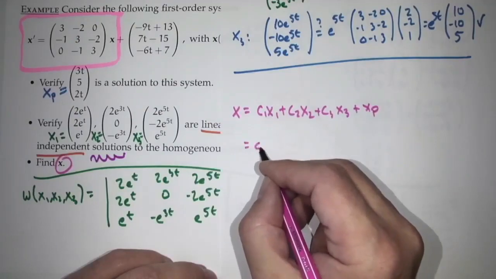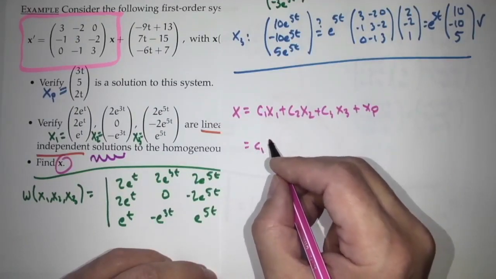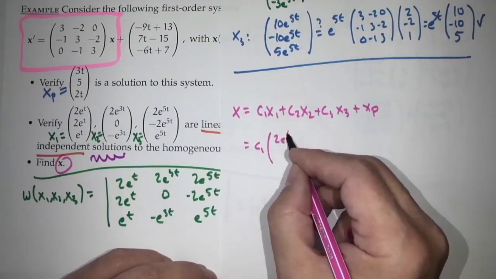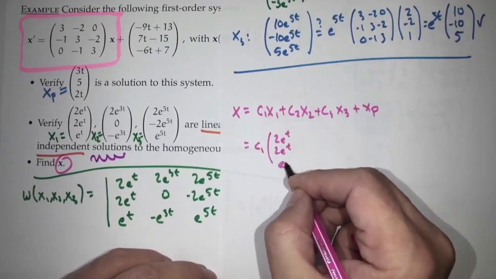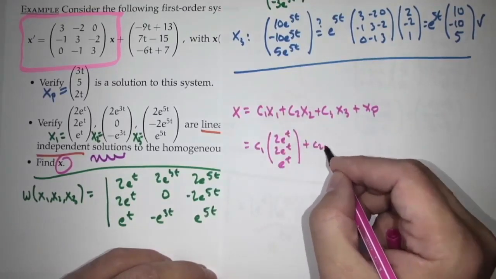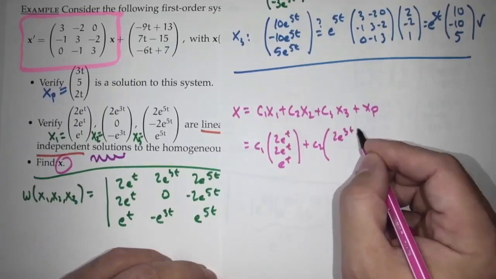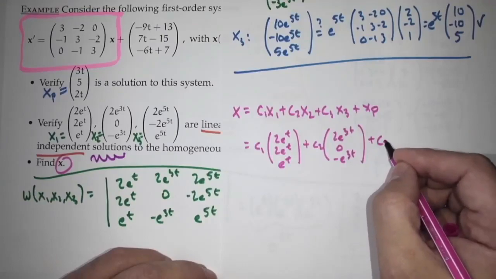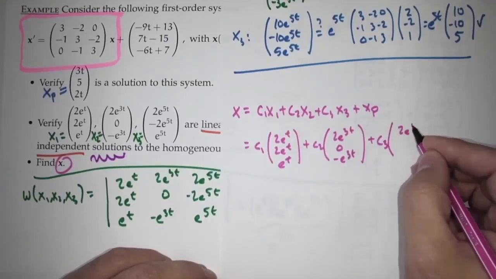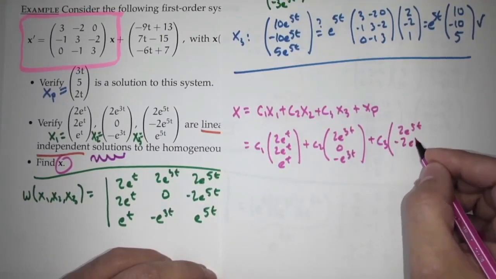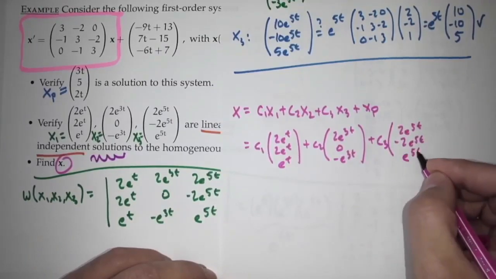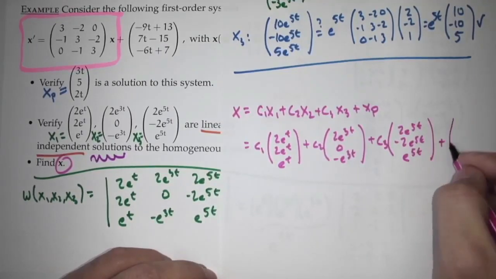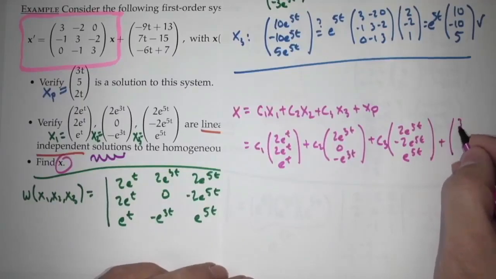So we have some constant times our x1, some constant times our x2, some constant times our x3, and this last thing, our particular solution.